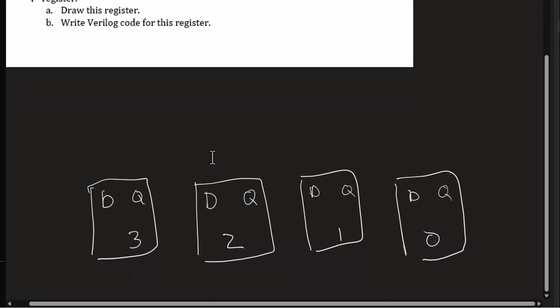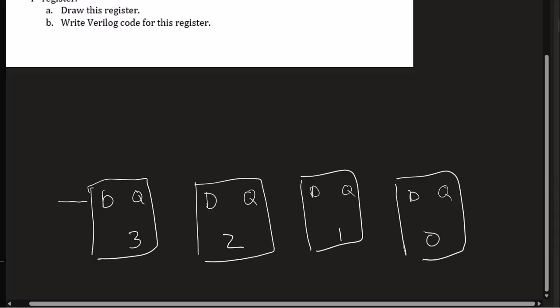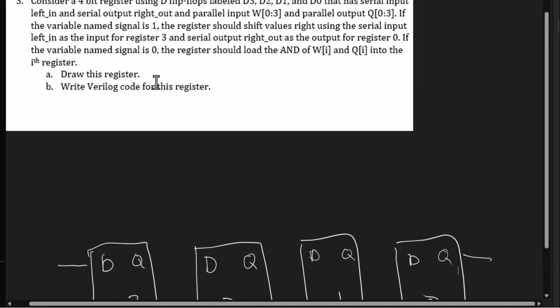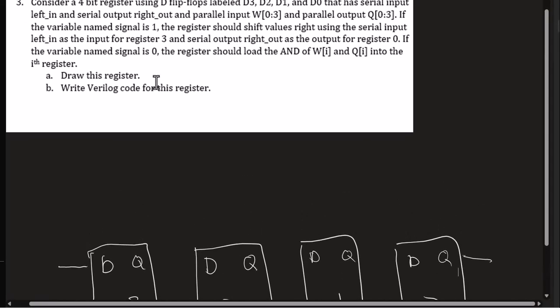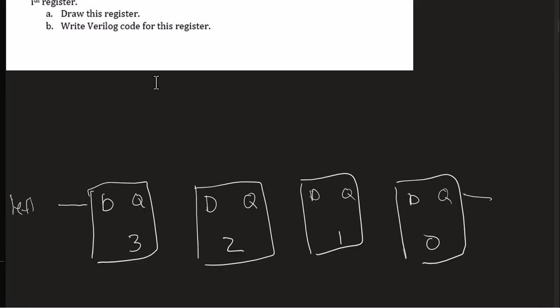Serial means it's just going in one at a time, so when it says serial, you're just talking about the one value coming in here and the one value coming out here. So serial input left in and serial output right out.